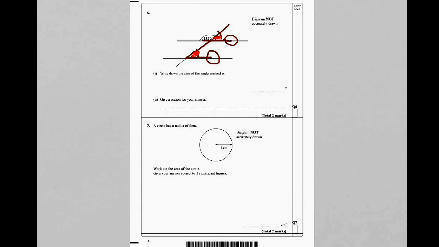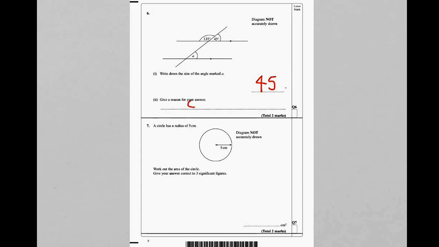So we would say that A is equal to 45 degrees, and when it's an F that we've seen and not a Z, it's the F that we've seen, which means we say corresponding angles are equal.